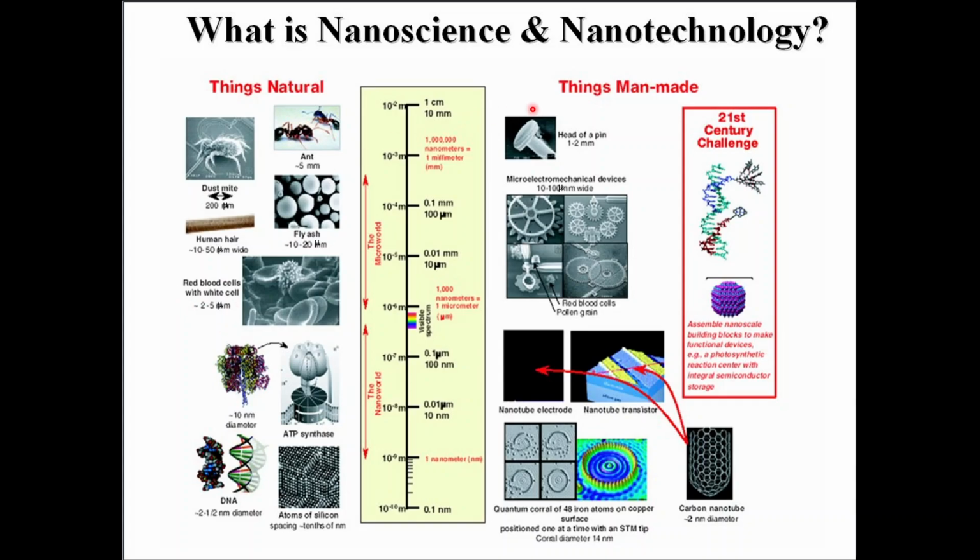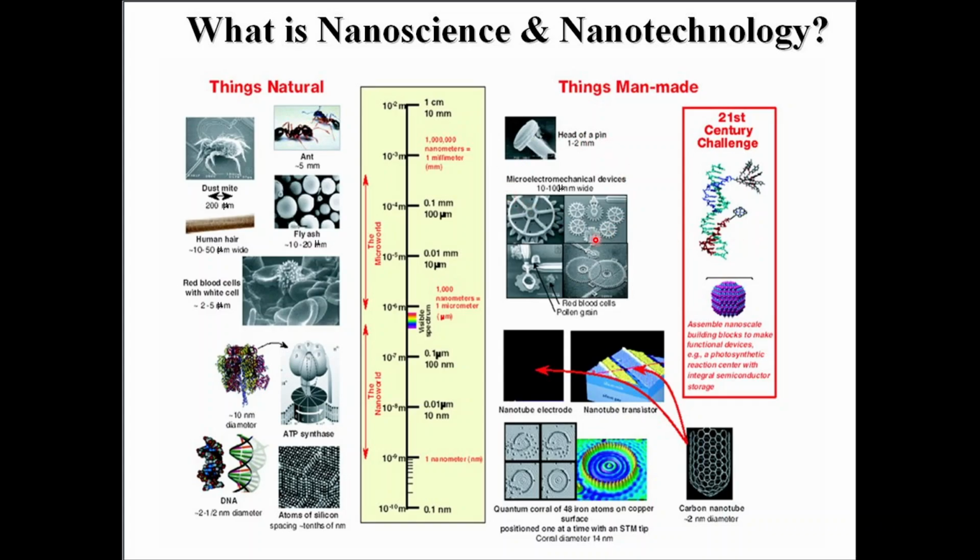Compared to this, there are also many examples which are creations of humankind which represent nanotechnology. So head of a pin, size 1 to 2 mm. Also in the 21st century, assembling nanoscale building blocks to make functional devices. For example, a photosynthetic reaction center with integral semiconductor storage.